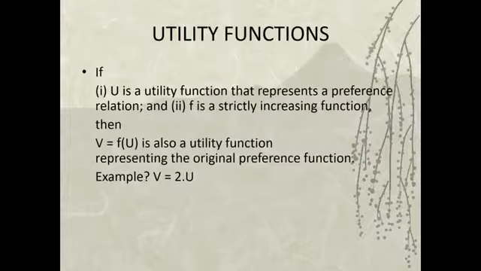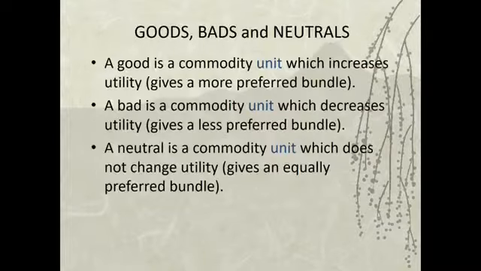Okay. So now we can also move towards other kinds of commodities, like goods which have a characteristic of good element, bad element, as well as a neutral element. That means you have a preference towards a commodity based on its characteristics, whether the commodity is a neutral commodity, a bad commodity or a good commodity. A good is a commodity unit which increases utility and gives a more preferred bundle.